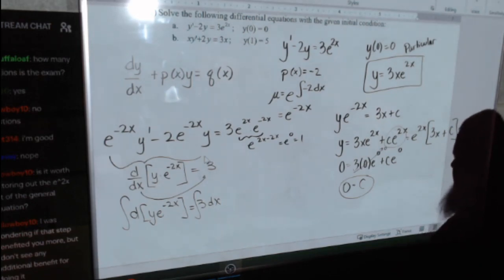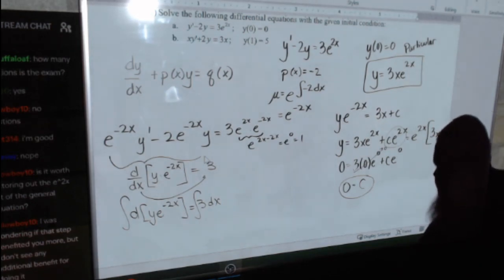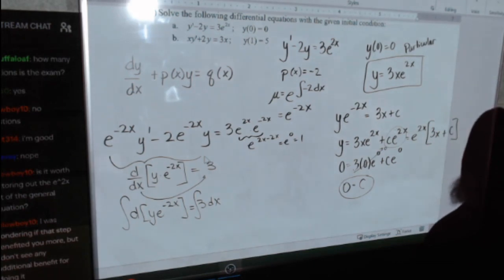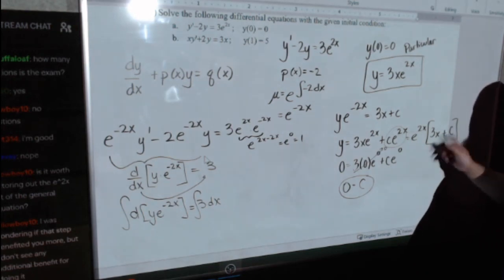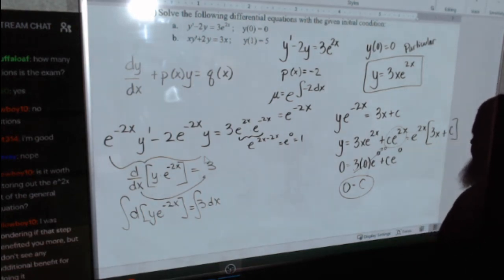Yeah, there's really no additional benefit for doing it that way. I mean, the only other thing is you don't have to plug 0 in more. If it was a different number, maybe it'd be better, because you could then just divide over and solve for c.